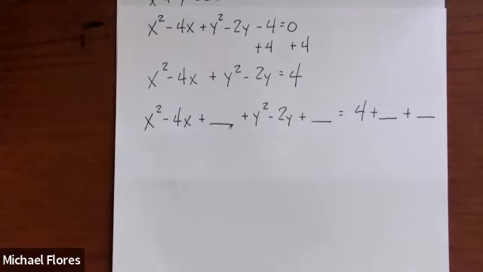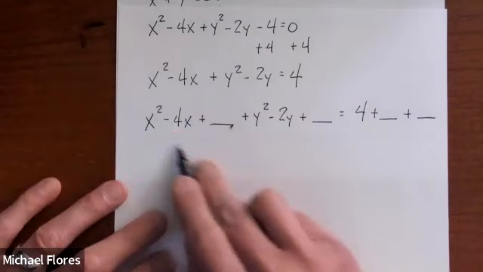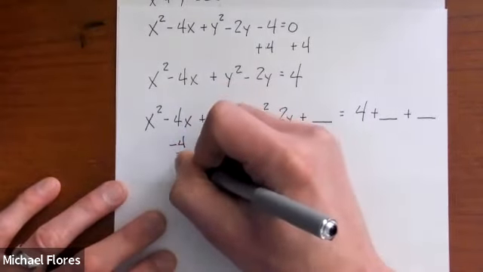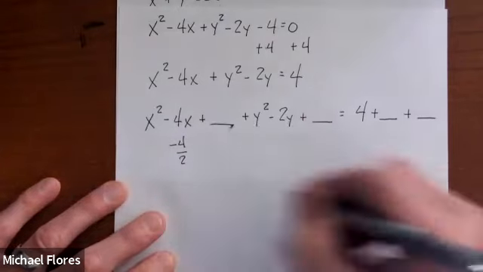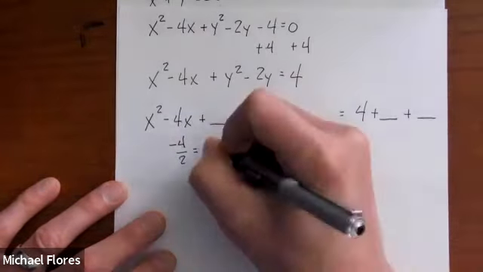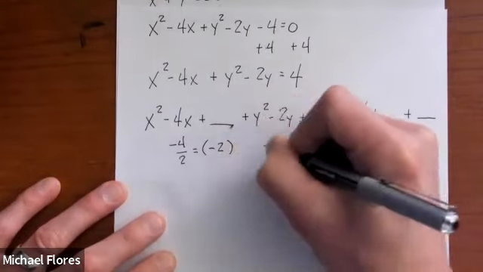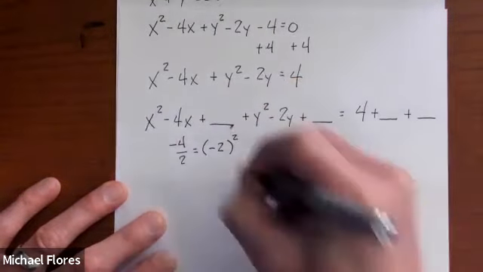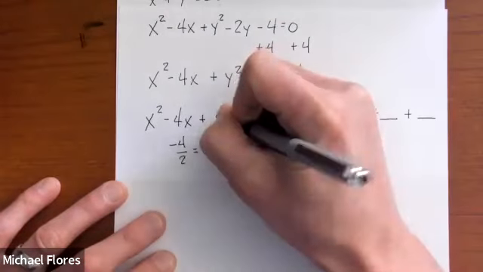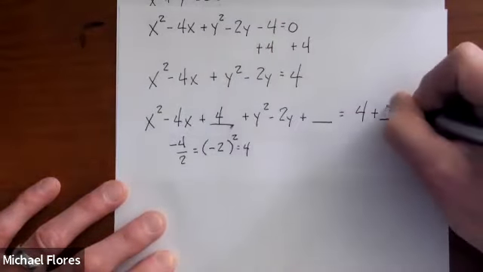Okay, here's how we complete the square. Whatever this number is, divided by 2. Well, that would give us -2. And then you take that number and square it, which is going to give us +4. So we put that number here and here.